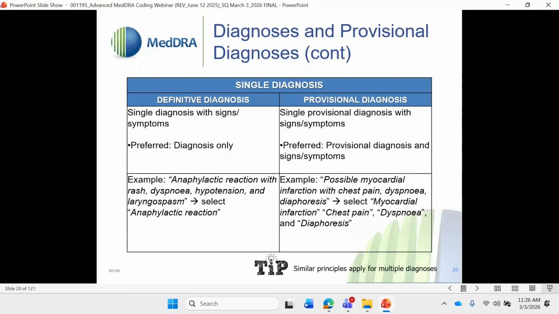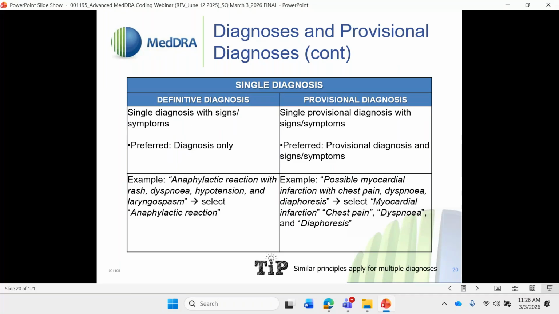Now here's the scenario where you have a single diagnosis, but this time with signs and symptoms. Remember I said in the term selection document, the PTC, you have a preferred option as well as an alternate option. The preferred option for a definitive diagnosis with signs and symptoms is to just code the diagnosis.